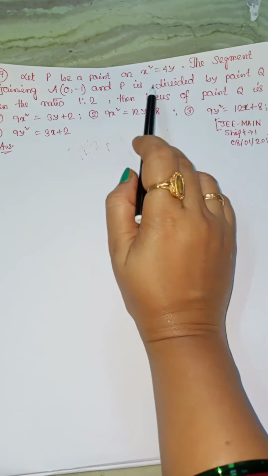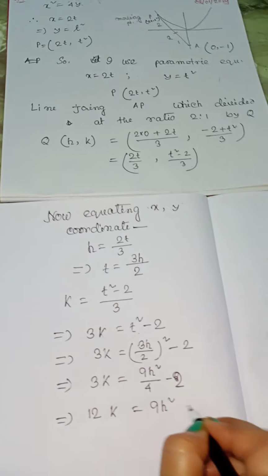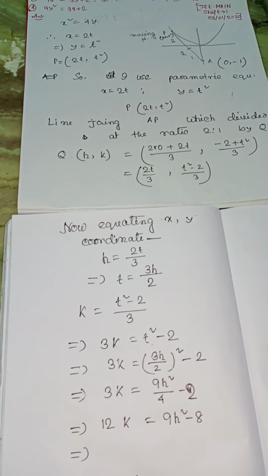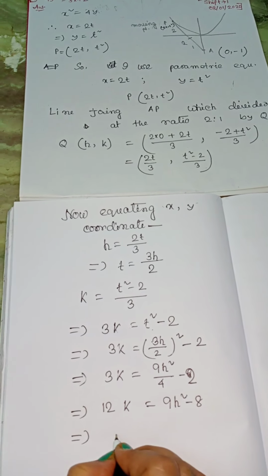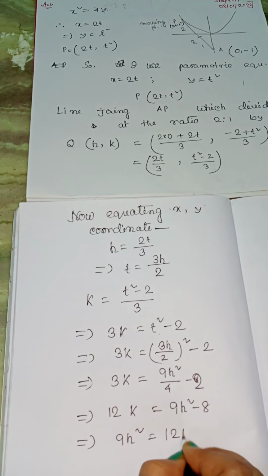That implies 12k is equal to 9h square minus 8. That implies 9h square is equal to 12k plus 8.